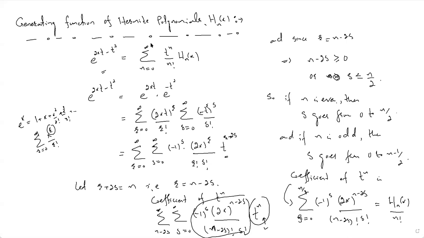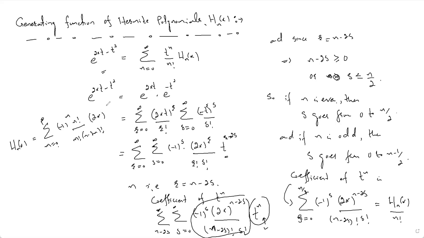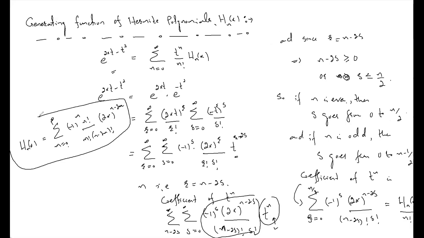Now if you remember in the last lecture where we found the Hermite polynomials, the solution h n of x is always given by summation m running from 0 to p, where p is n by 2 or n minus 1 by 2, it depends, minus 1 raised power m, n factorial divided by m factorial into n minus 2m factorial, 2x raised to power n minus 2m.